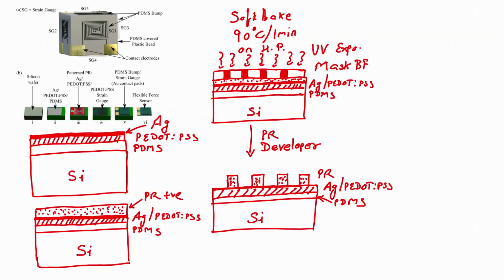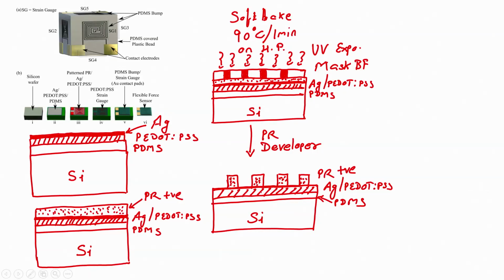The area below this will not get exposed because the UV cannot pass through these blocks. So, the area which is not exposed in case of positive photoresist will get stronger, right. So, we will have this kind of structure.